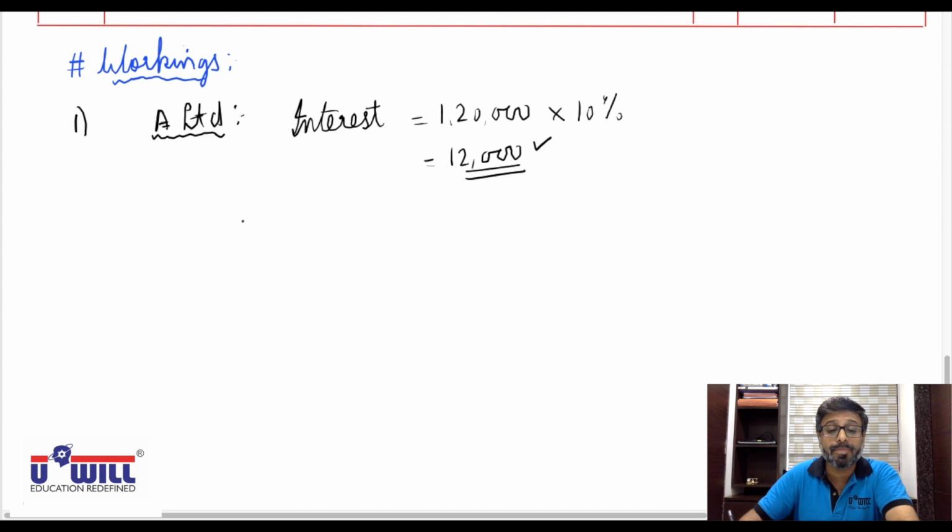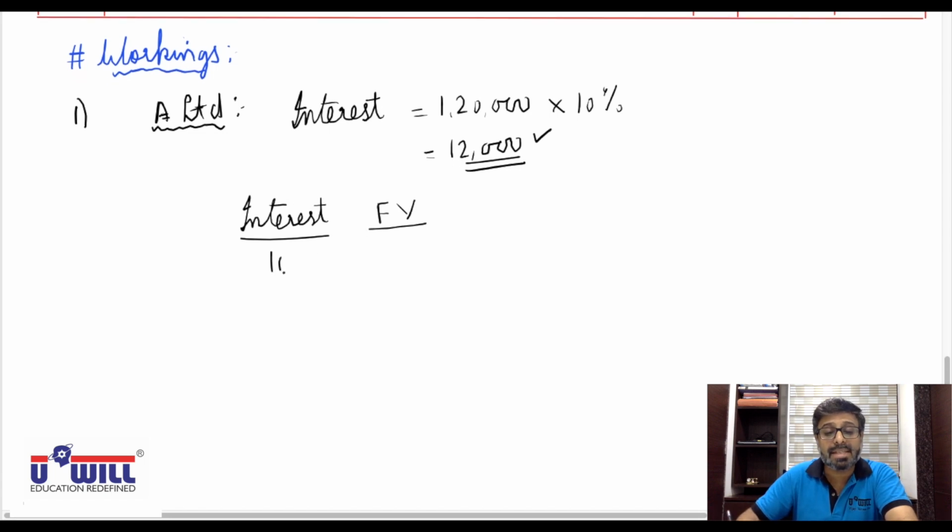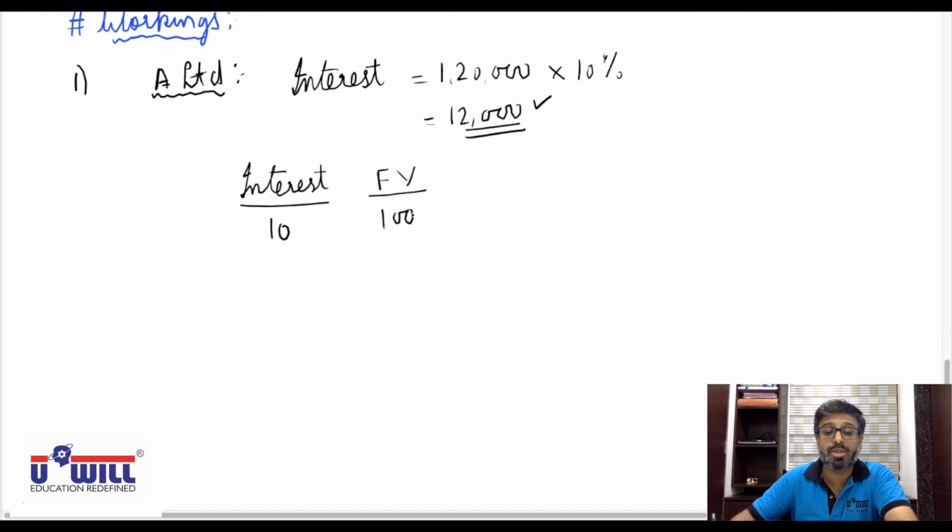Let's work it out. See, interest and face value. Make two columns: interest and face value. When interest is 10%, face value is 100. Rate of interest is 10%, means on a face value of 100 you earn 10% interest in the old company.